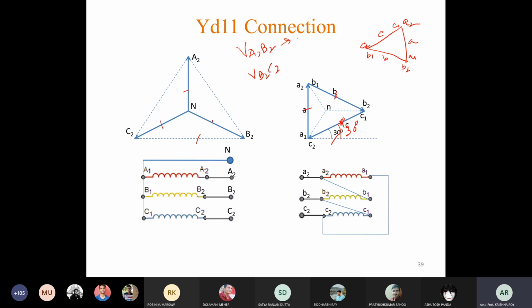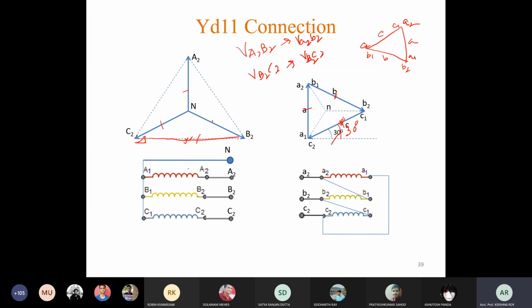Corresponding low voltage EMFs are VA2B2, VB2C2. So here we have to consider this line EMF from B2 to C2, this line. Here the same notation VB2C2.